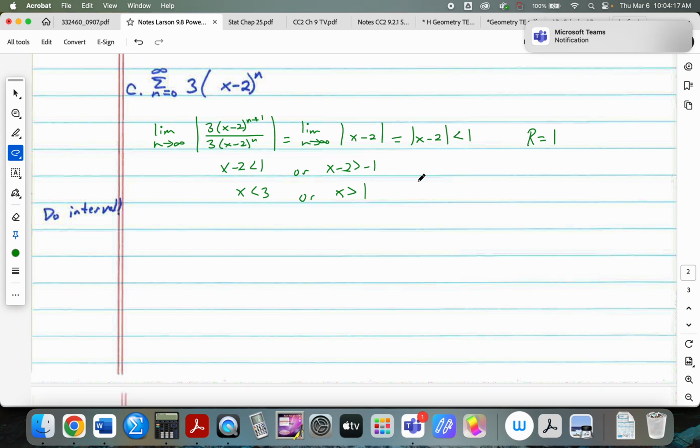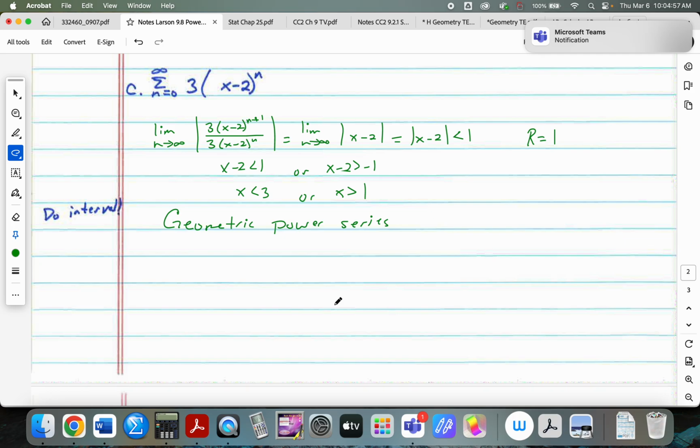This is an example of something that's called a geometric power series. We'll talk more about them later. Right, the 3 doesn't matter. I could factor that out. And I've got something raised to the nth power. Well, remember that our rule for a geometric is that r has to be less than 1, right?